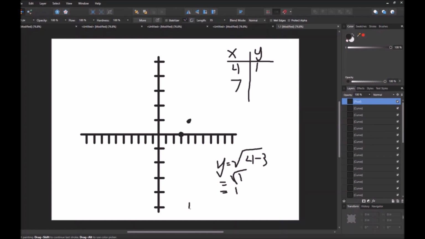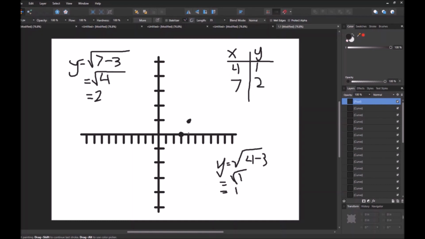So we have y equals the square root of 7 minus 3, and 7 minus 3 is 4, so the square root of 4 is going to end up being 2. So at the point where x is 7, the y value is going to be 2.